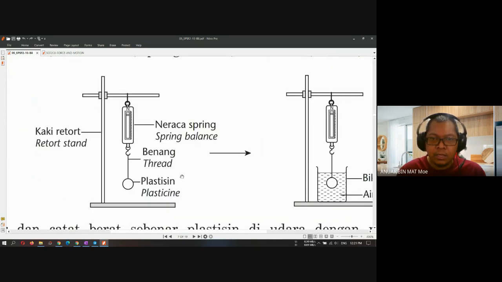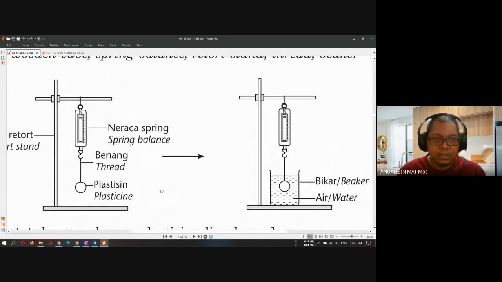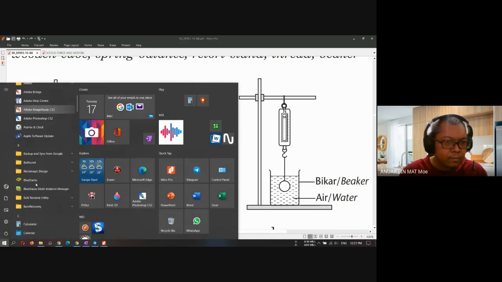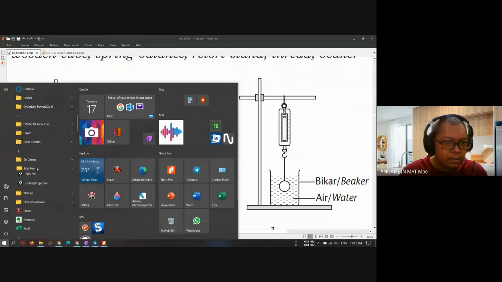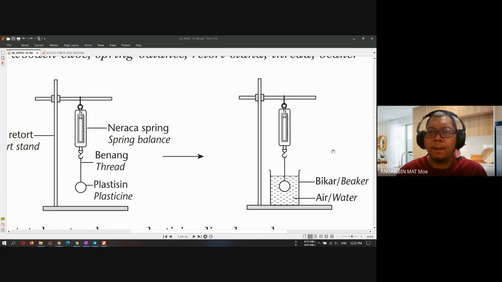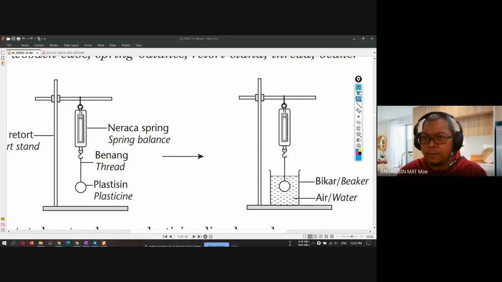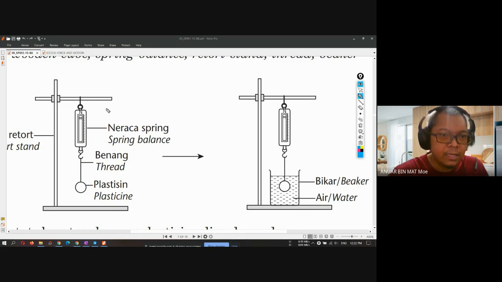According to the diagram here, there are two steps.